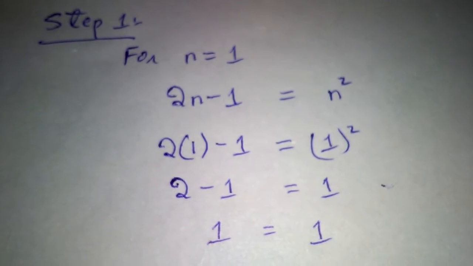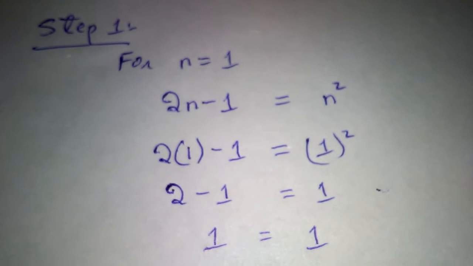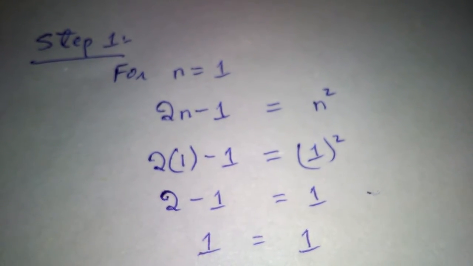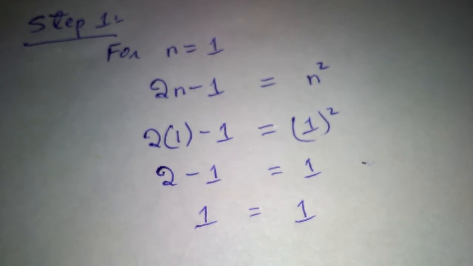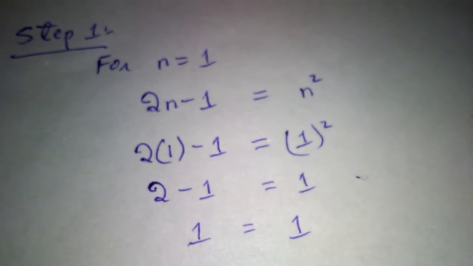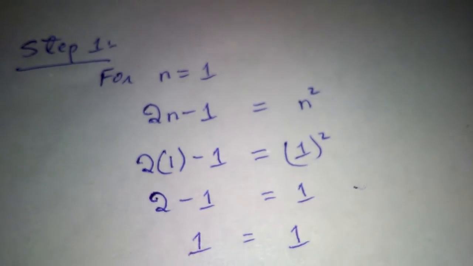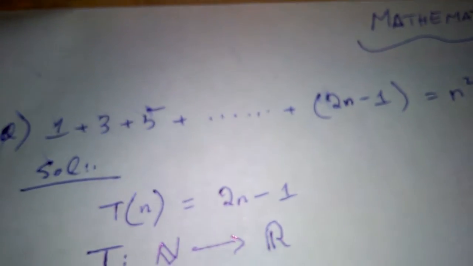In the next step, I'm going to show that if it is true for any number, then it is going to be true for the very next number as well. Okay, so I'm not going to pick up any numerical value. I just take a general way, and I say that let this series be true for n equals k, then it should be true for n equals k plus 1.